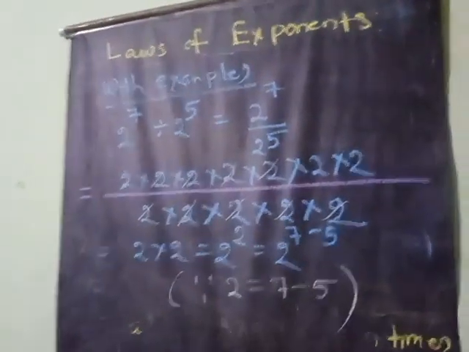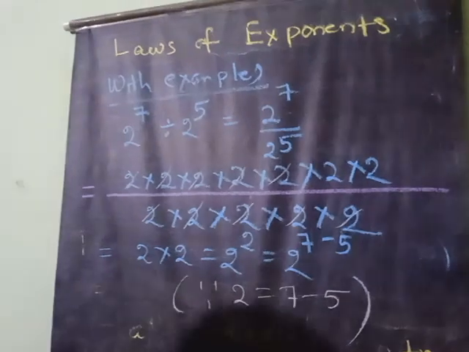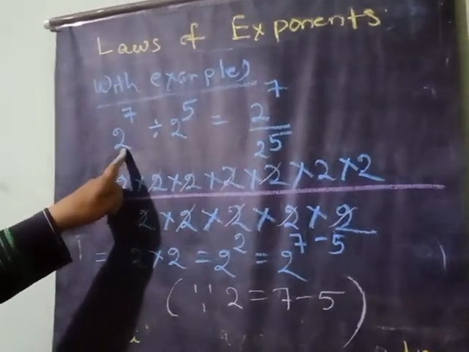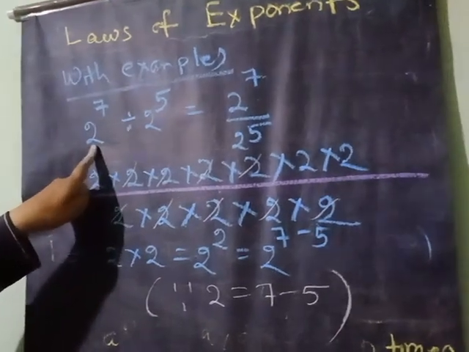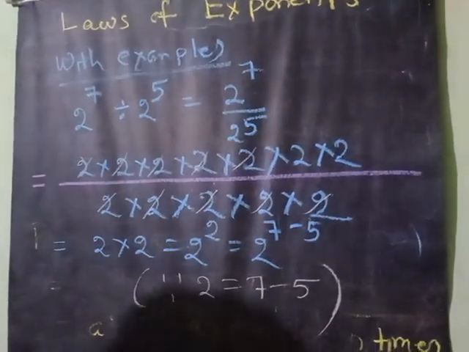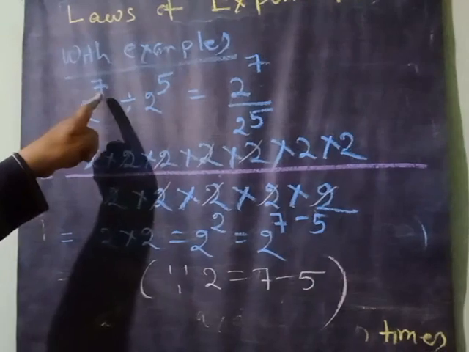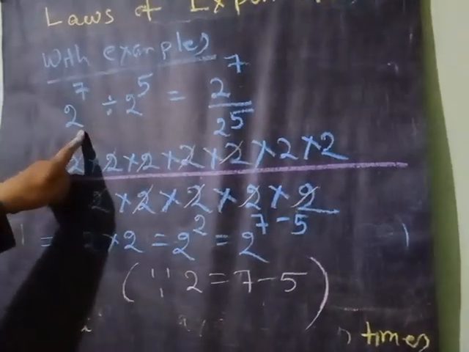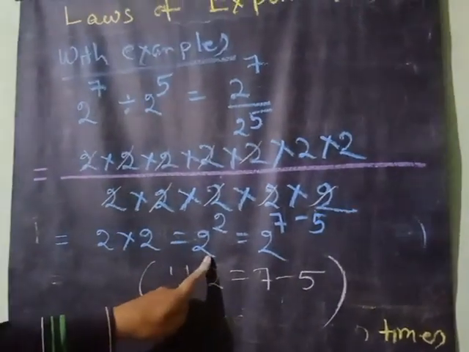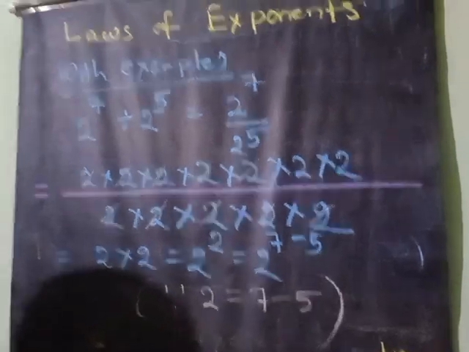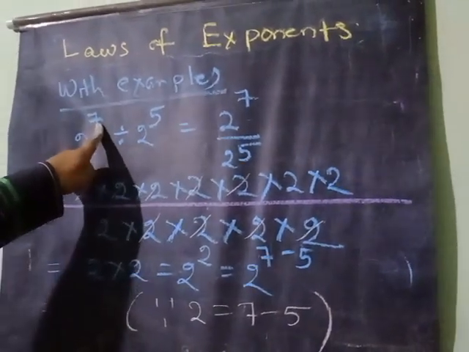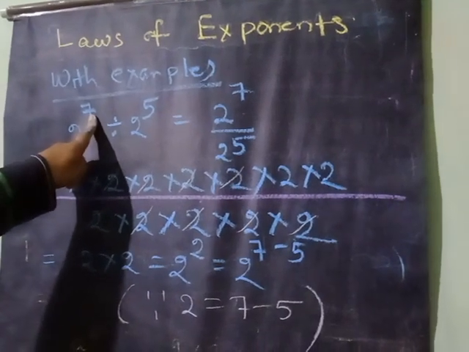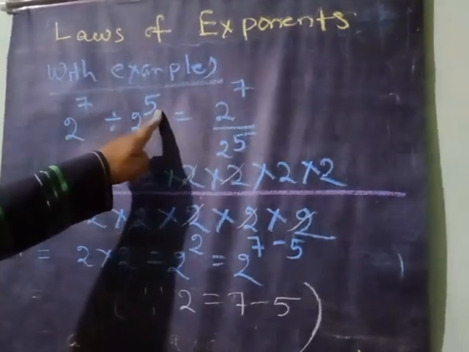It means the second law of exponent says that when we divide one exponent by another exponent having the same base, the base remains the same, but the power will be the difference: the exponent of the numerator minus the exponent of the denominator.